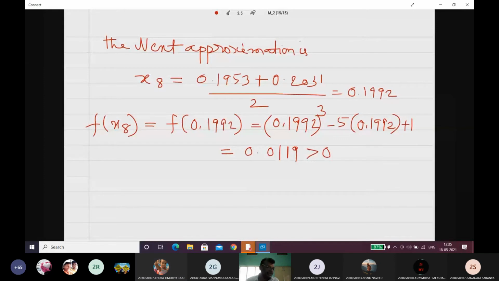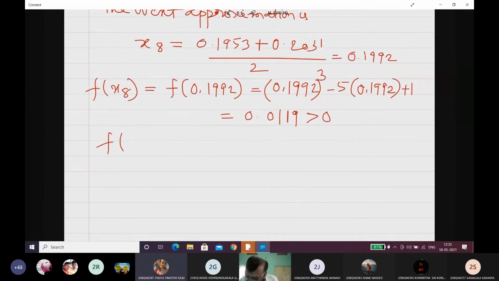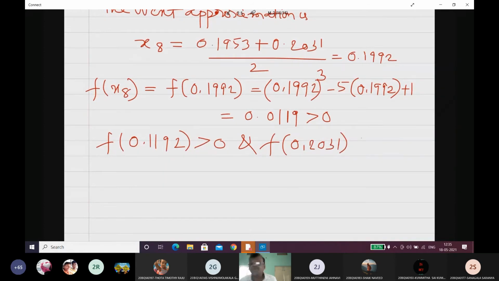Therefore, what is the negative value? 0.2031 is negative. Therefore, f of 0.1992 is positive and f of 0.2031 is negative.